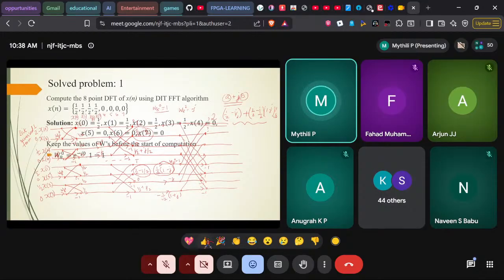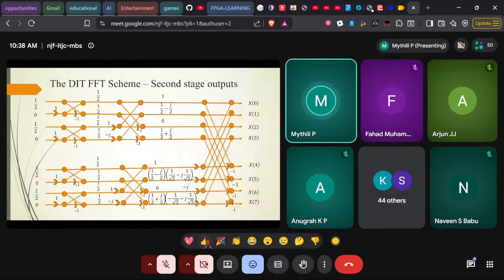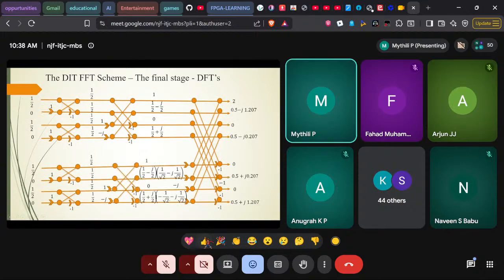Okay, so I'll go to the next slide. You can see the values which we have done there. We handled just this part. These are the final values.